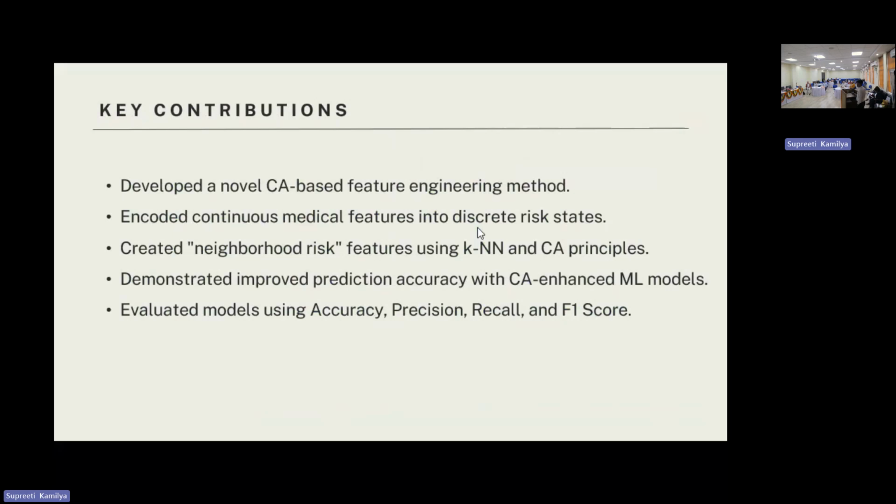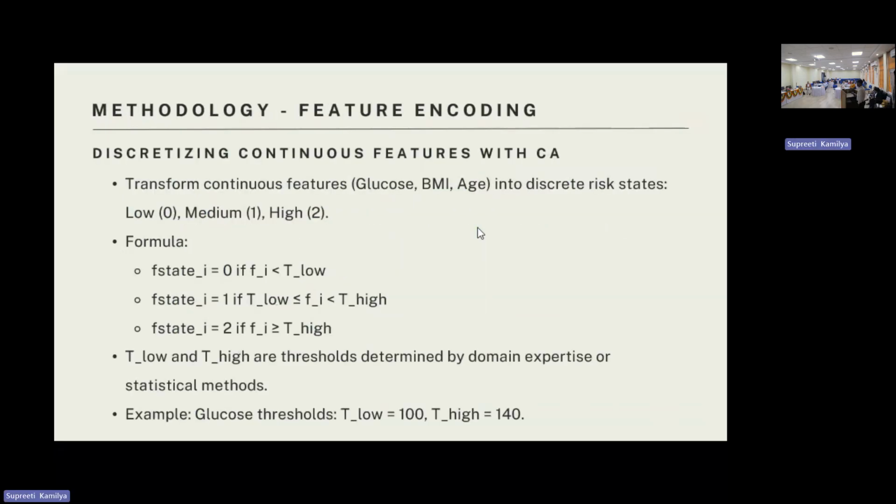The steps we discuss in the next slide. We created neighborhood risk features using k-nearest neighbors and demonstrate improved prediction accuracy, precision, recall, and evaluation metrics.